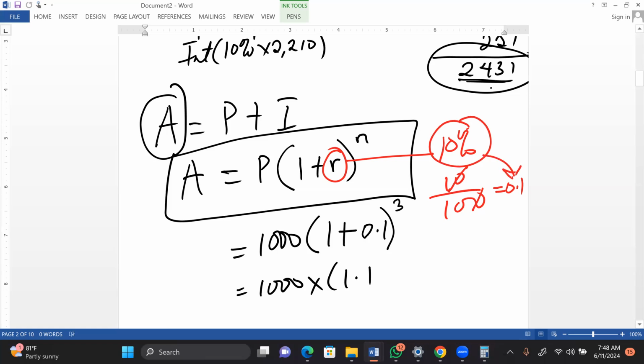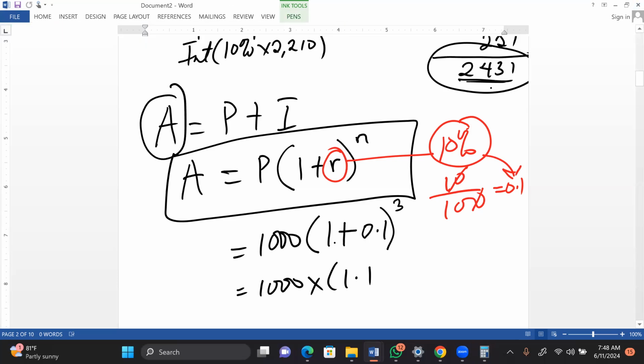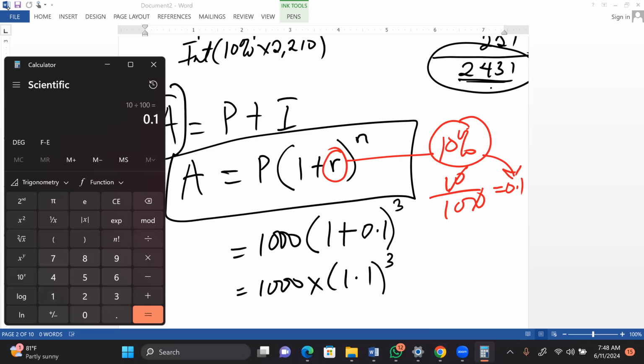Okay, now, so 1 plus 0.1 will give us 1.1. Everything raised by 3. So you now say 1.1 raised to power 3. This will give us 1.331.